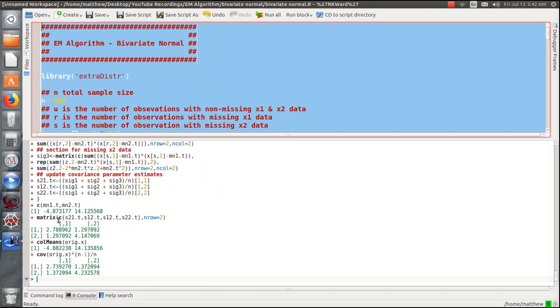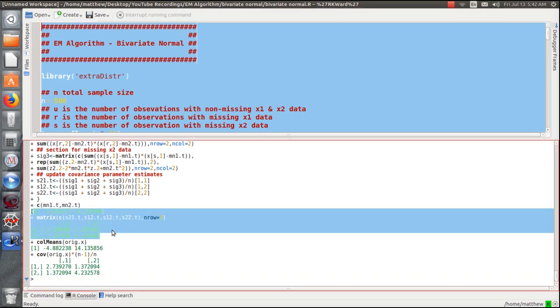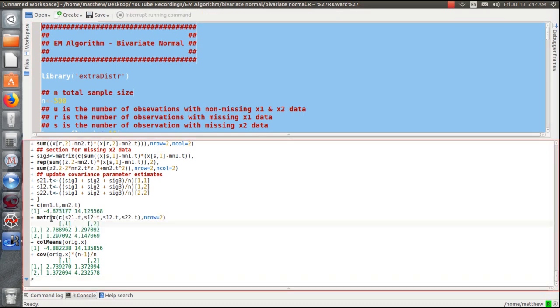So remember, it was negative 5, 15. So this is our EM algorithm estimates here. So negative 4.8, which is close to negative 5. This is close to 15. And we had a 3 and a 4 as our variance estimates. And it's pretty close.